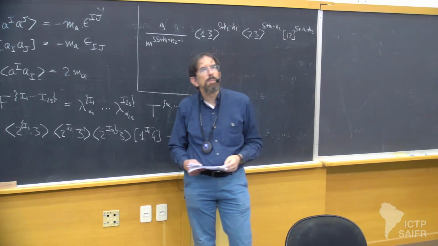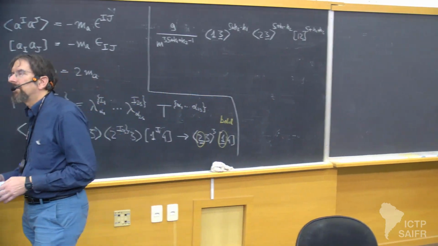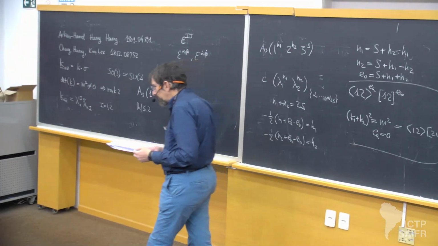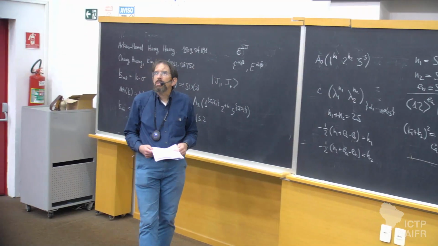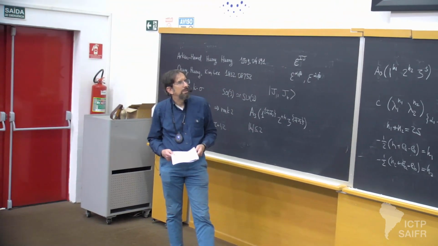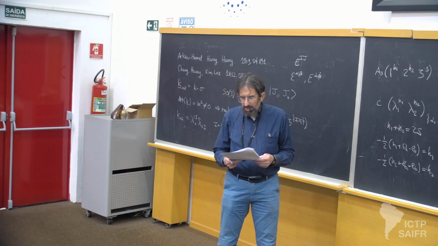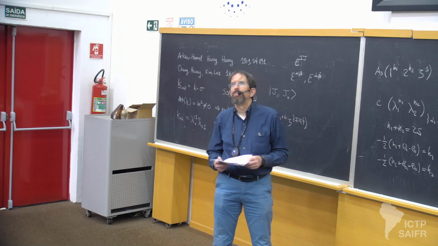If S is odd, it'll be antisymmetric instead of the desired Bose symmetry. And that's something you can immediately read off from this expression. This has the name of Yang's theorem.